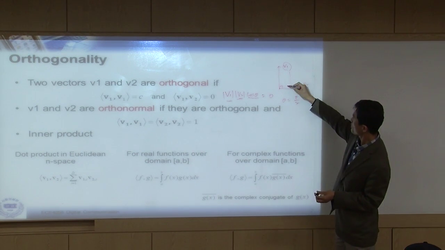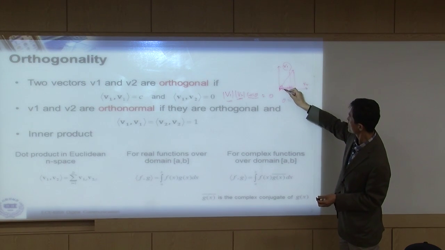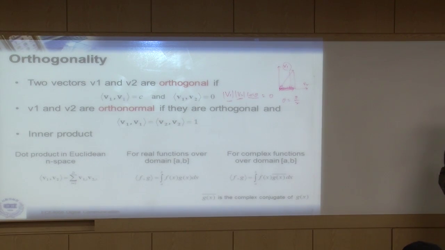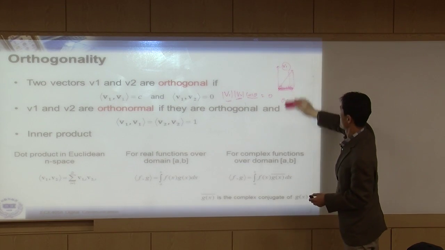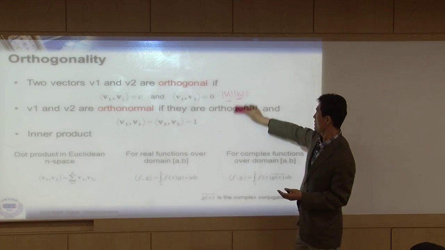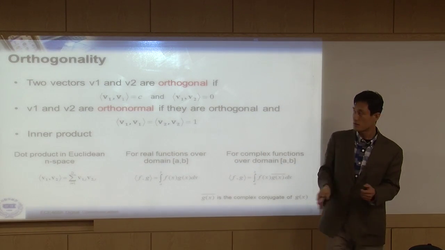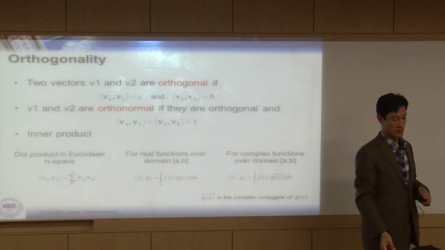If you have a little bit of projection, for example, a projection vector like this, and that projection is not 0, that means those two are not orthogonal, right? That's all the same thing. Orthogonal means the cross correlation is 0. That basically means the projection of one vector onto another is 0. That's all the same thing, okay?